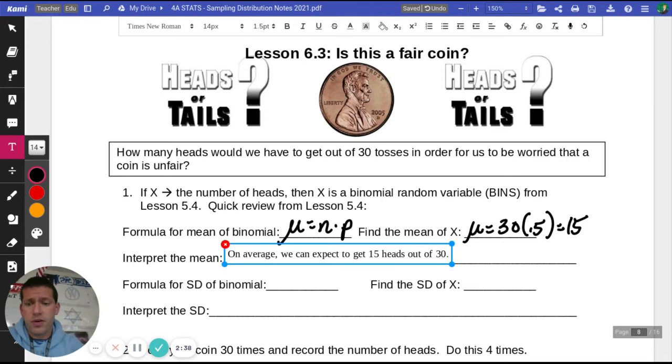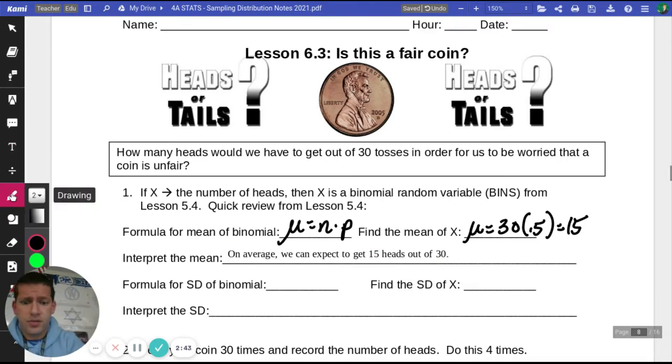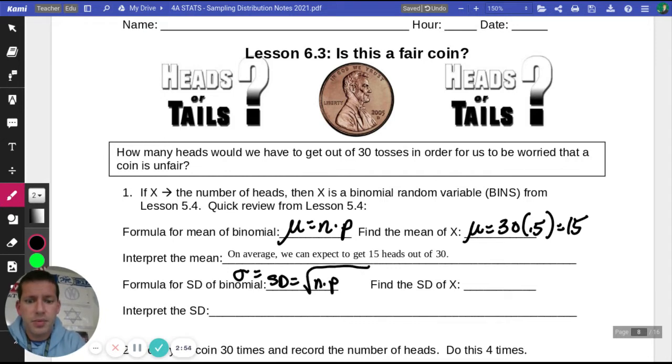So then we want a formula for the standard deviation of our binomial here. So I'm going to write it down again. Sometimes we say that is sigma. It's going to be the square root of n times p times 1 minus p.